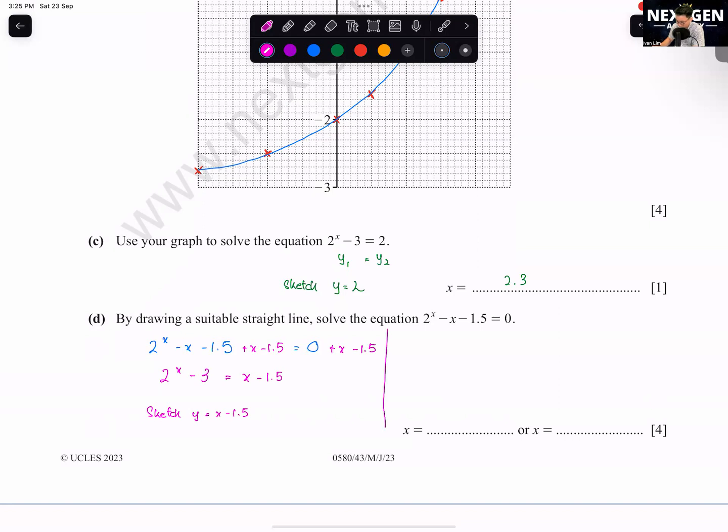Okay, how to sketch it? We find 2 points. Okay, you use 2 points. You use the minus method. Minus from where? 2x minus 3.